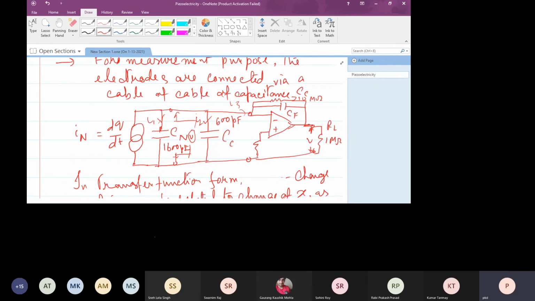corresponding to a static force. So because we are converting this charge to current, that's what I was telling, that if I put an ideal voltmeter to measure those charges across the capacitor where no current is flowing, then we will be able to measure, or a very negligible amount of current is flowing. So in that case, we will be able to measure the charge.